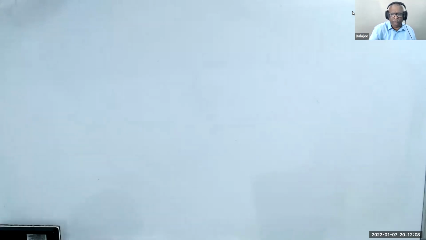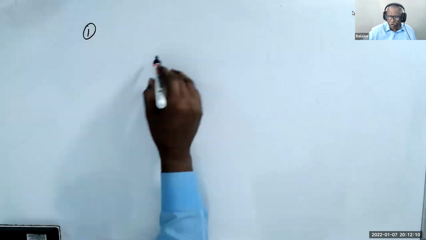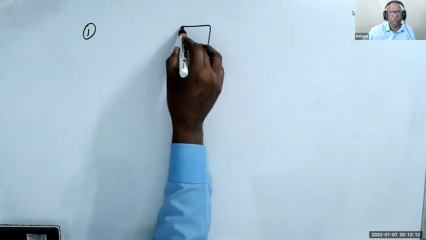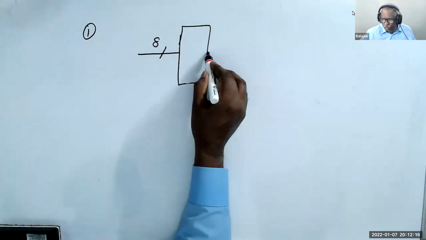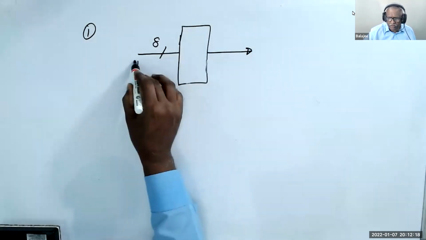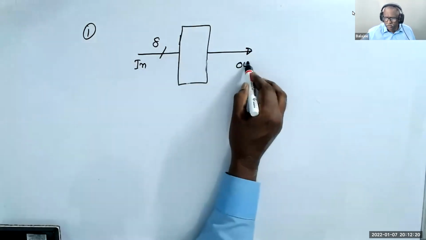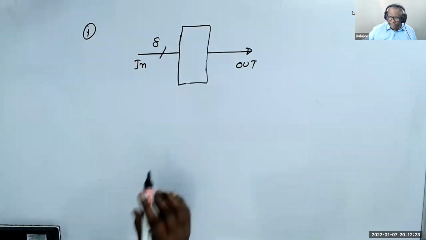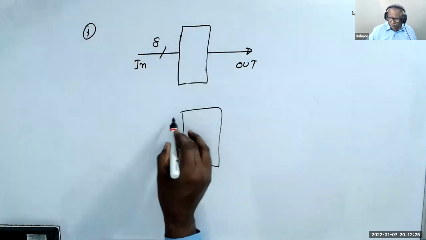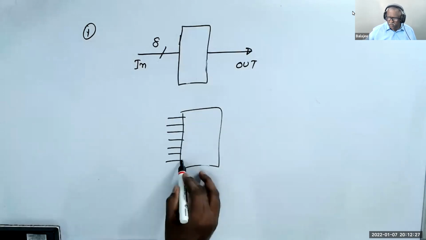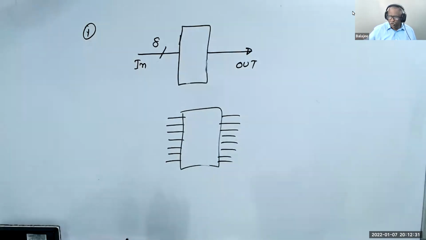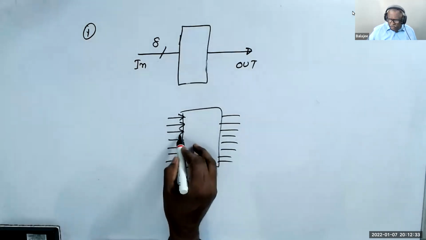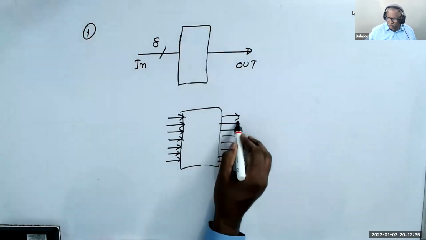First one is a block. I write here 8 bits. It will get out. This is called in, this is called out. This is the first type. So this IC will have 8 input pins and 8 output pins. Understand? Whatever I give here, it will go out.